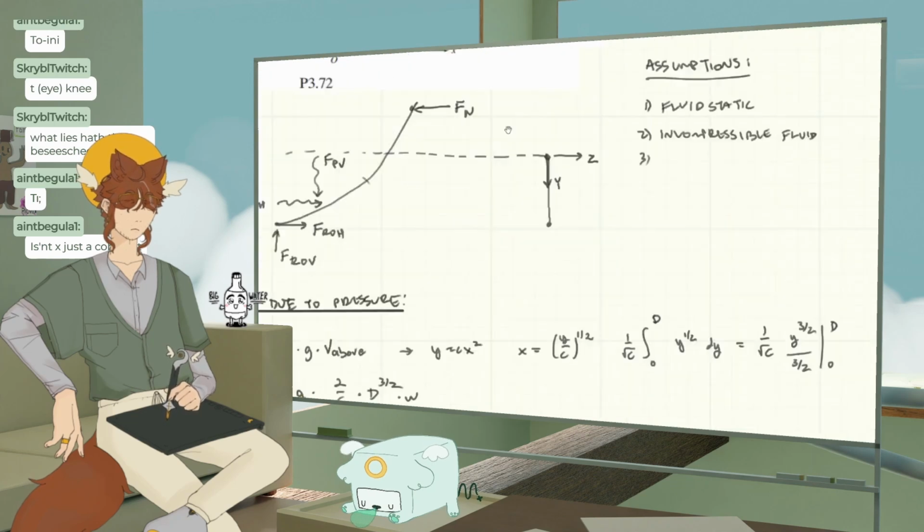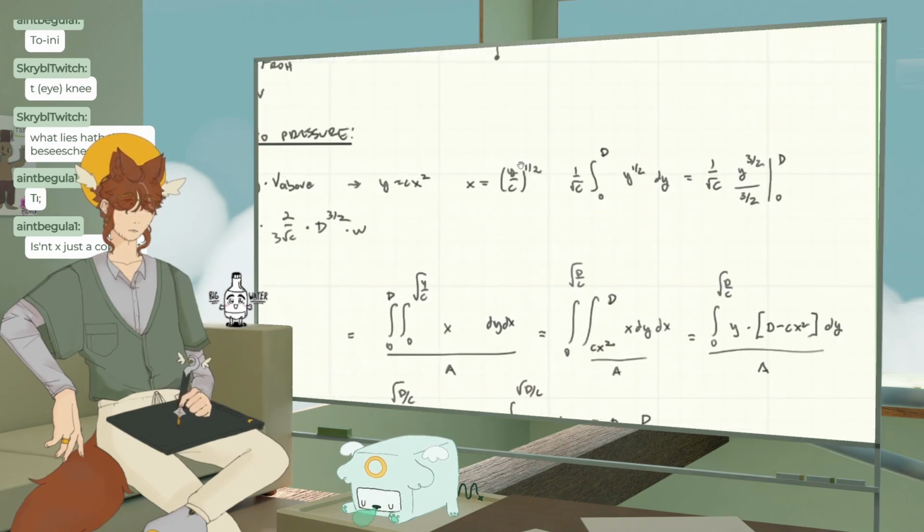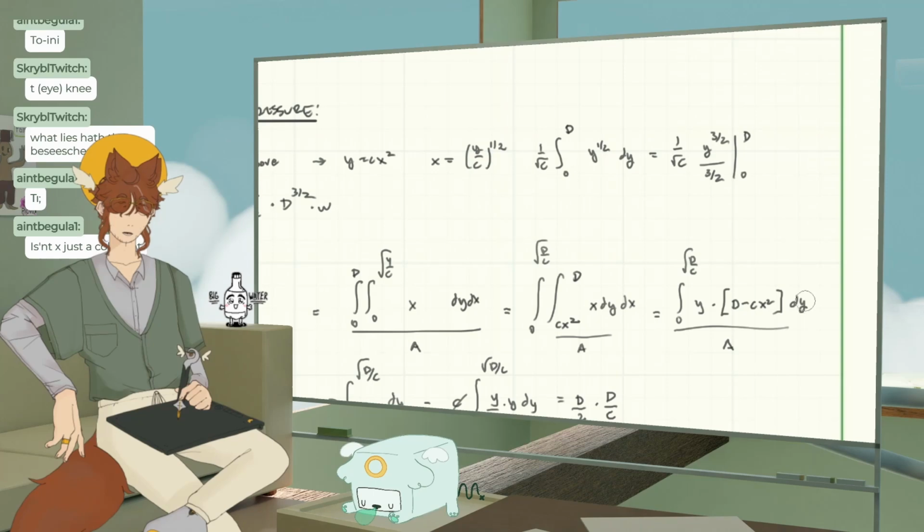So we go, wait, x is not a y. It's supposed to be x. Okay, wait, no, we're fine. Oh no, we're not fine. Oh no, what did I do?